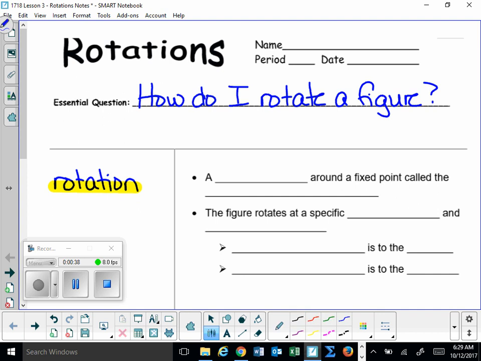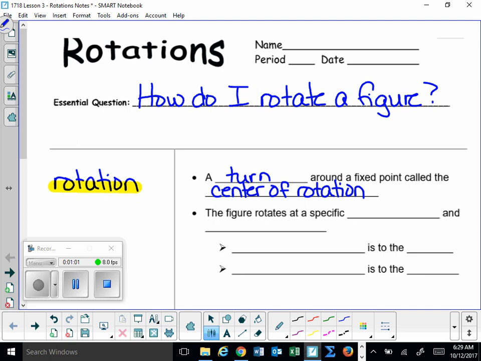A rotation is a turn around a fixed point called the center of rotation. Most of the time we use the origin on the coordinate plane, although technically it could be any ordered pair on the coordinate plane.